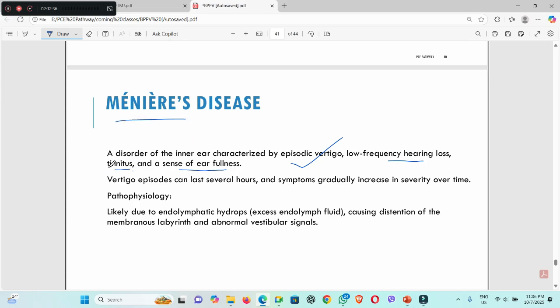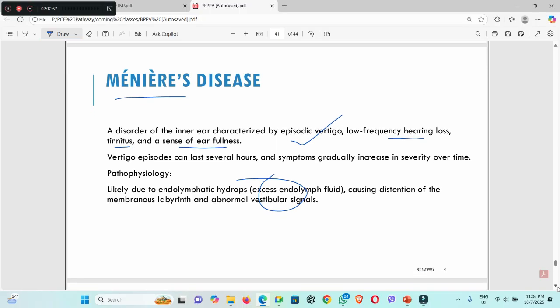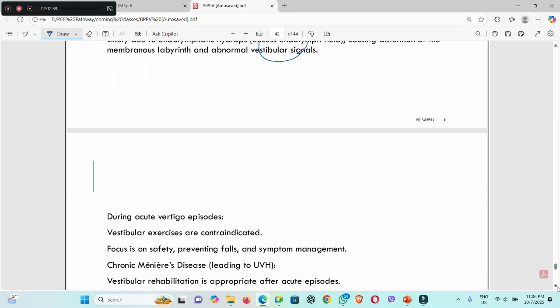If you just see vertigo and tinnitus is not there, you can eliminate Meniere's disease, right? Vertigo episodes can last several hours and symptoms gradually increase in severity over time. What is the pathophysiology behind it? Likely due to endolymphatic. No need, guys, to study in this much detail.